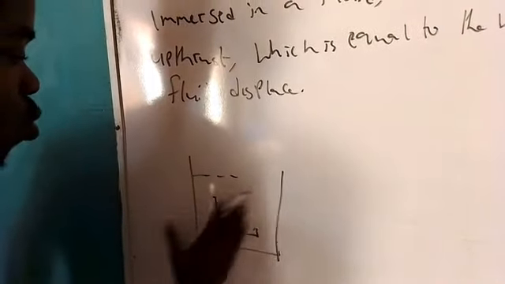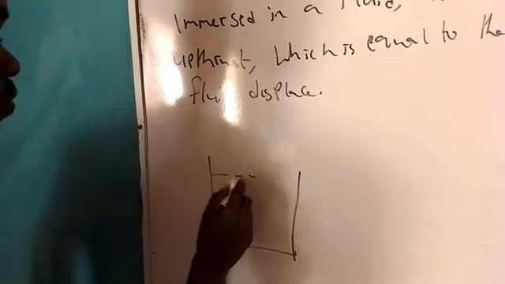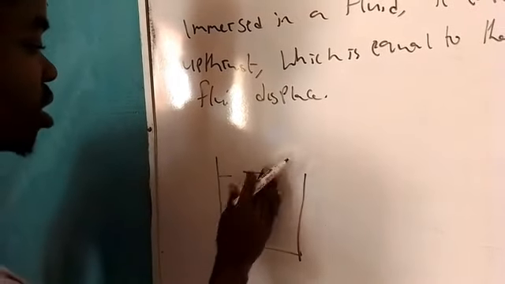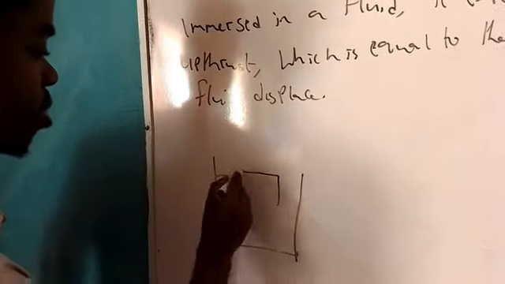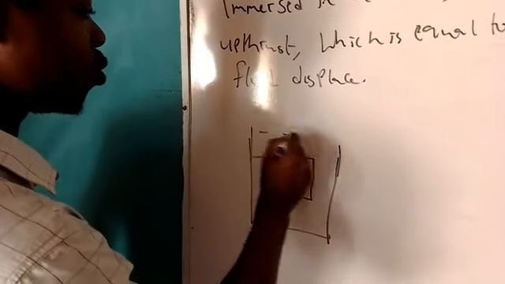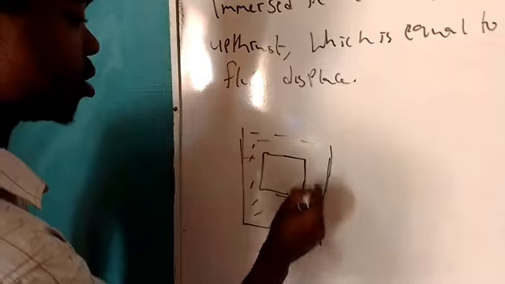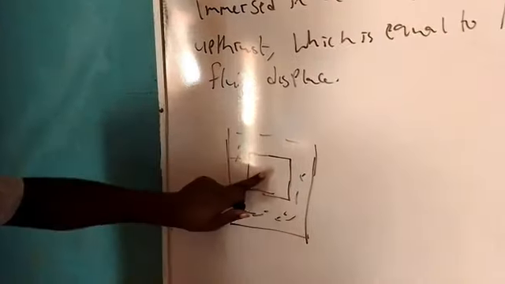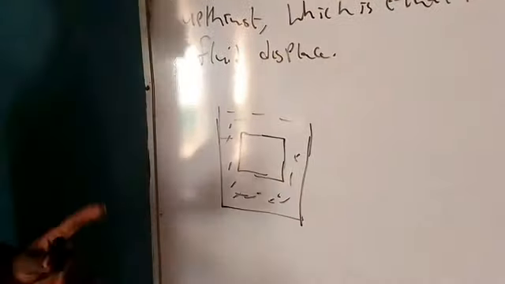So anytime a body is inside a fluid, let's say we have a container like this and a body which is completely immersed in water, with water all over this body like this, it becomes light.